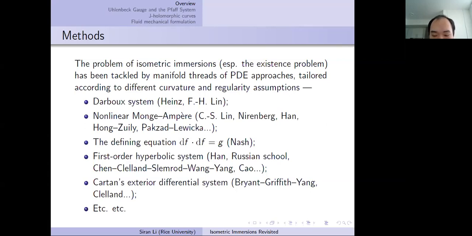I think the Gauss and Codazzi equations correspond to the first and second prolongation of the exterior differential system. This was studied in a long paper in the 1980s by Bryant, Griffiths, and Yang, and also some recent works by Clelland. Etc. This list of methods is by no means exhaustive, but I just want to provide certain ideas for the approaches.